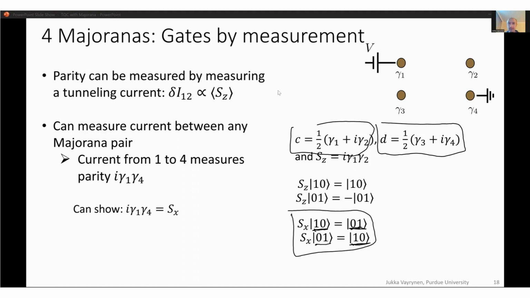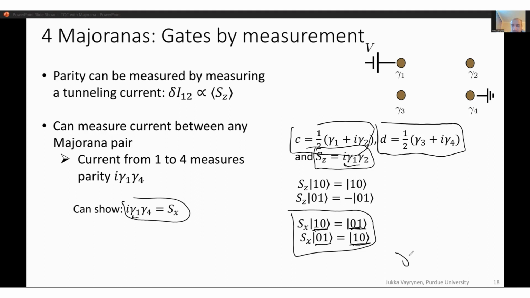And indeed, if we look at it, sigma Z has gamma 1 gamma 2, and sigma X has gamma 1 gamma 4. So when you take their product, if I don't care about minus signs, gamma 1 will appear twice.